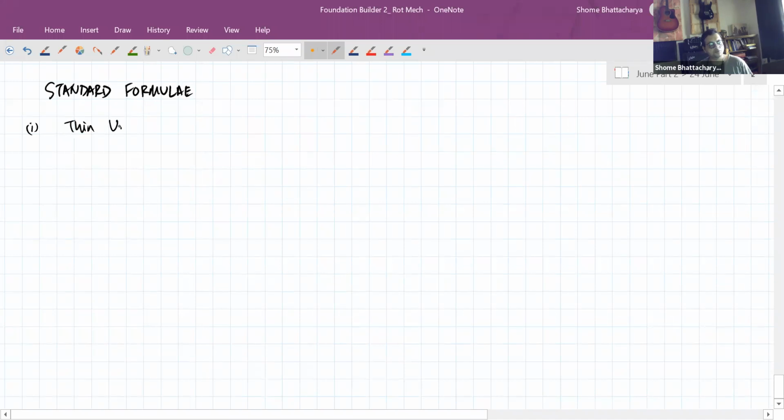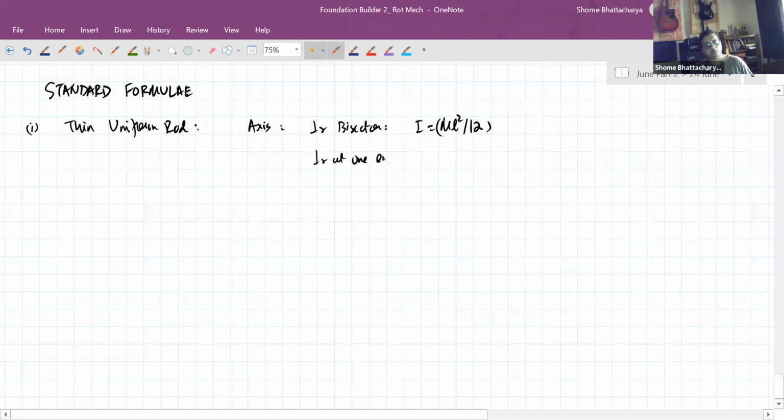So thin uniform rod: about the axis being the perpendicular bisector, it is ml square by 12. Perpendicular at one end, ml square by 3.